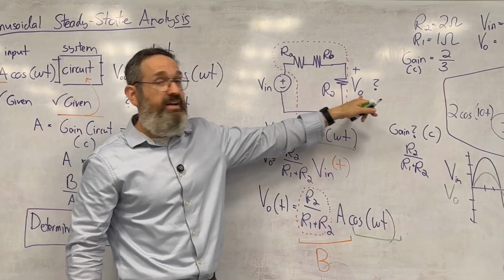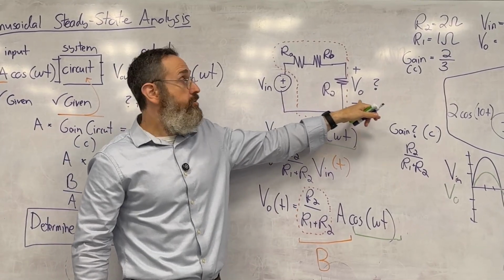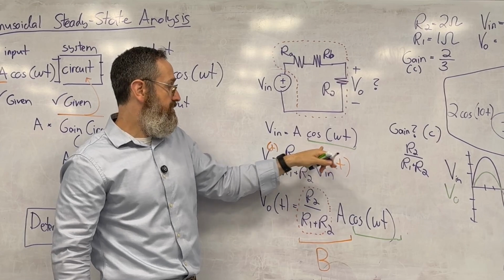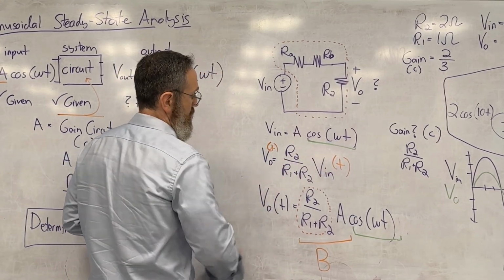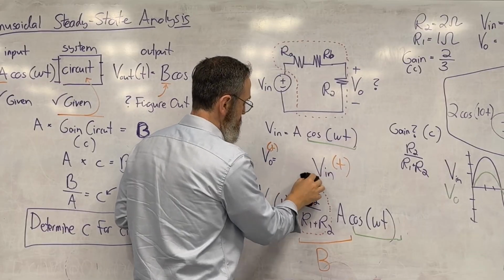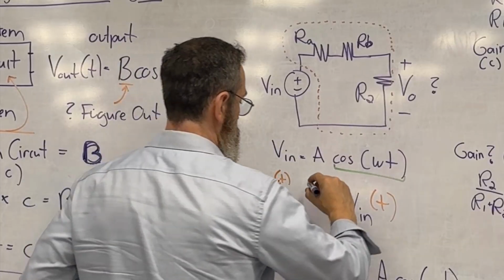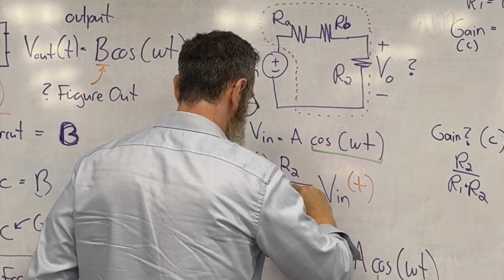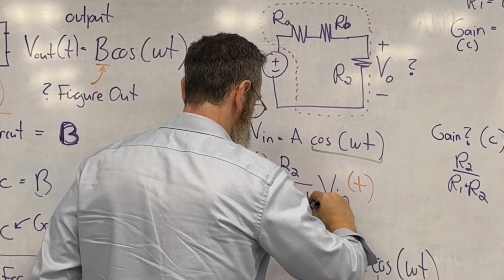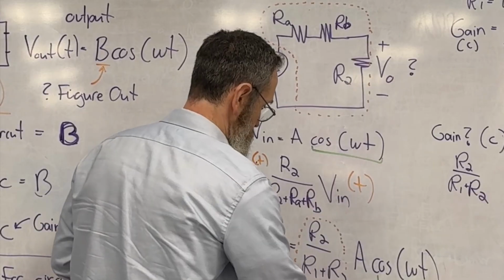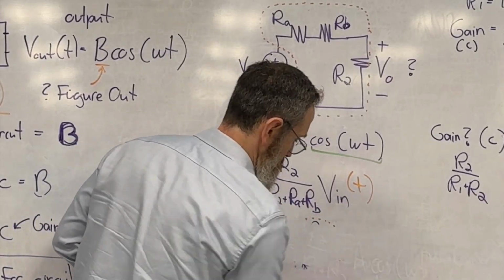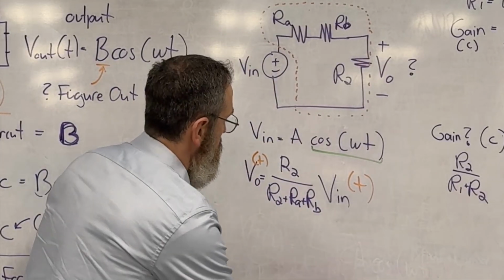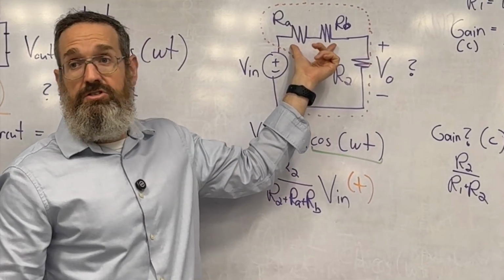We have an input, we have an output, and you need to play the game of sinusoidal steady-state analysis. I give you the input, and you have to give me the output. What you'll see is, I can just go in here and rewrite that we get R sub 2 over R sub 2 plus R sub A plus R sub B. What I did here is I took these two resistors and combined them.